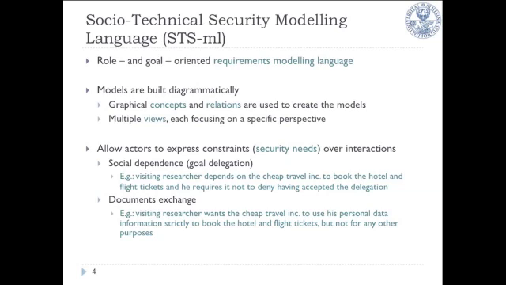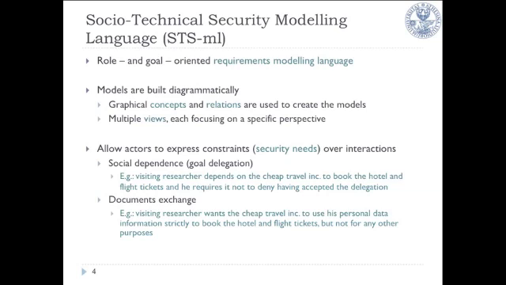That would be a non-repudiation security need. It also might require the travel agency to deal with achieving all these objectives on its own, say because it doesn't trust any other parties that could be involved in the system. So these are the type of security constraints that one could express when entering an interaction with another party.